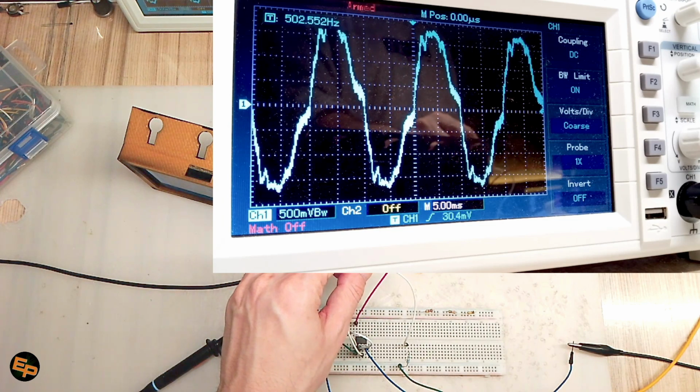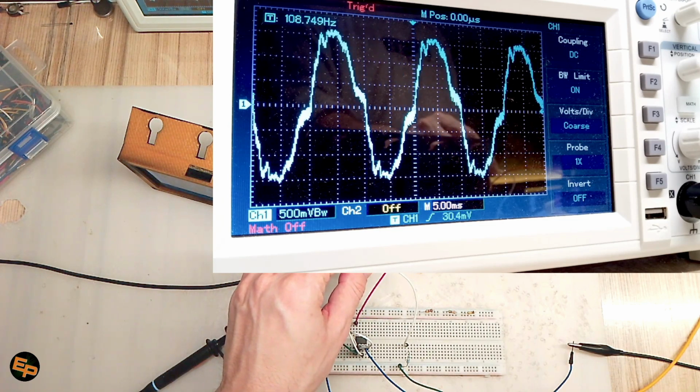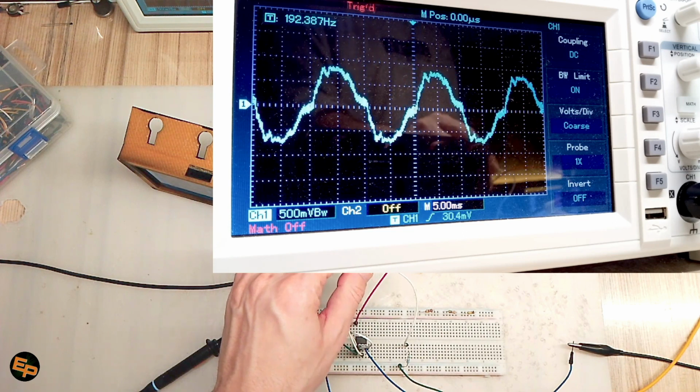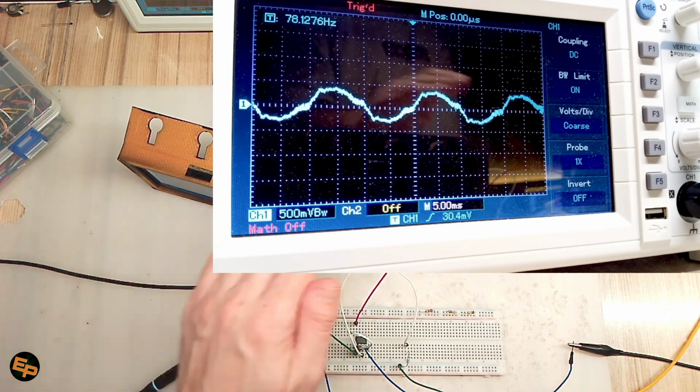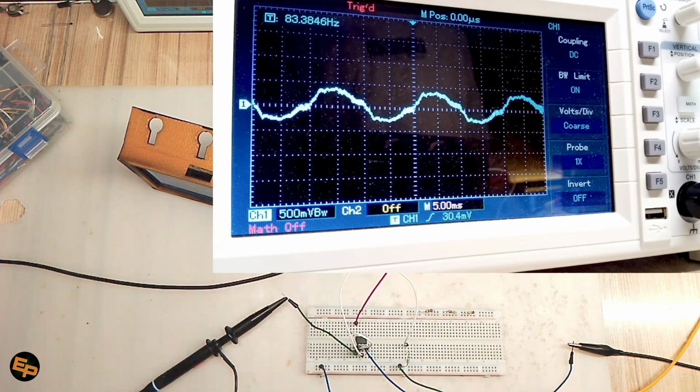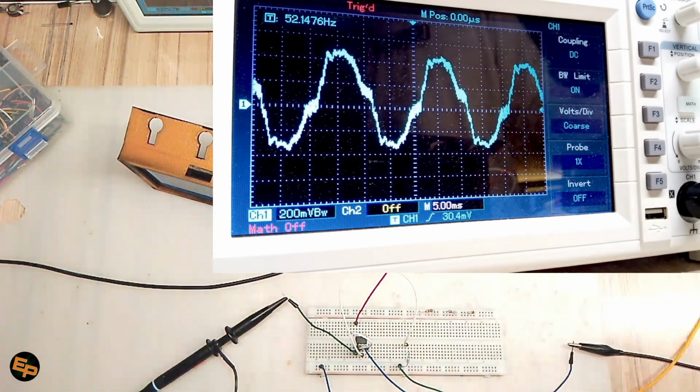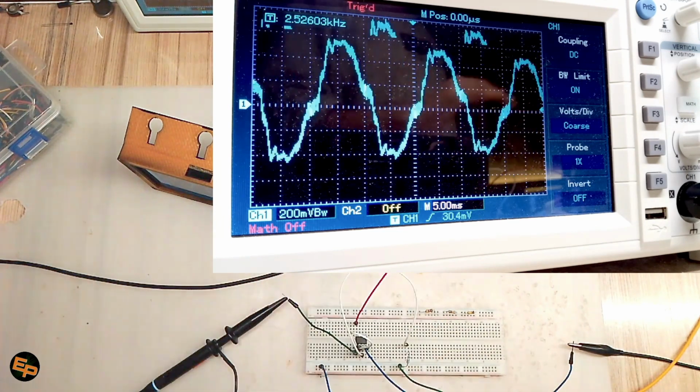And at some point I even touched this cable, just the outside insulator, and that's enough to make this parasitic signal even bigger. Okay, and create an even bigger problem for us.